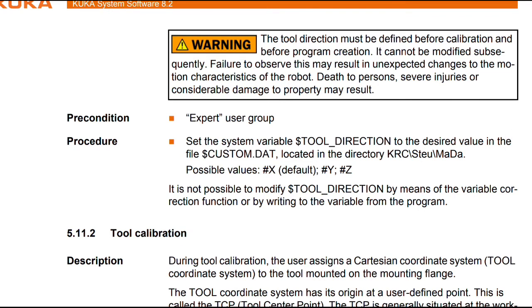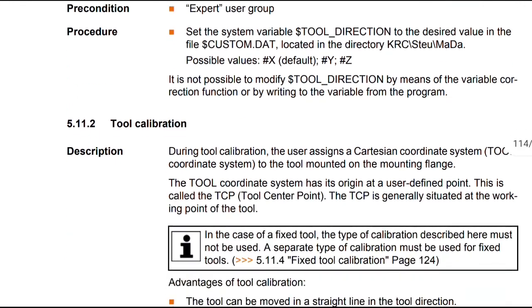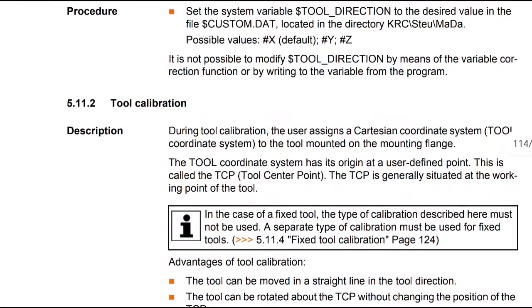Procedure: set the system variable TOOL_DIRECTION to the desired value in the file custom.dat located in the directory. Possible values: X. It is not possible to modify the tool direction by means of the variable creation function or by writing to the variable from the program.